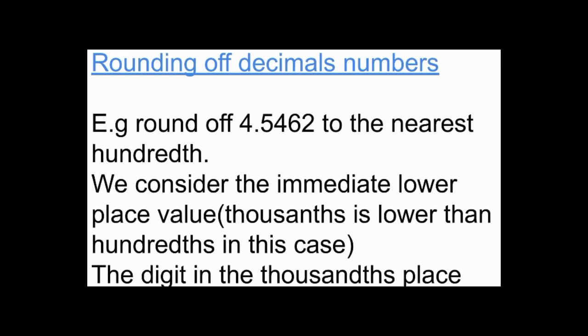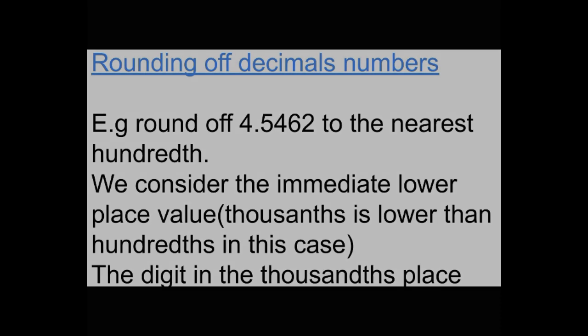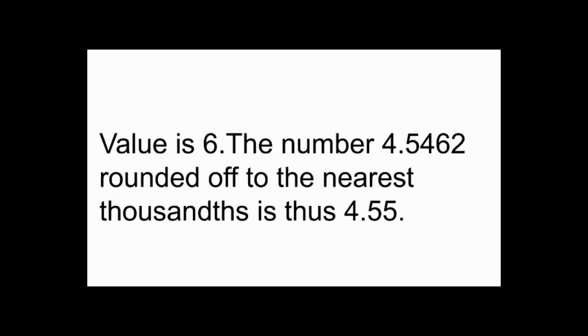Let's move on to rounding off decimal numbers. Previously we rounded off whole numbers. Now we want to round off decimal numbers. For example, round off 4.5462 to the nearest hundredths. Now, we consider the immediate lower place value, which is thousandths.